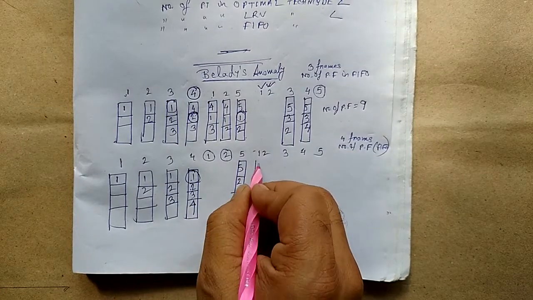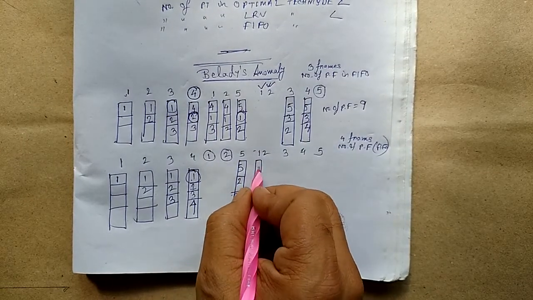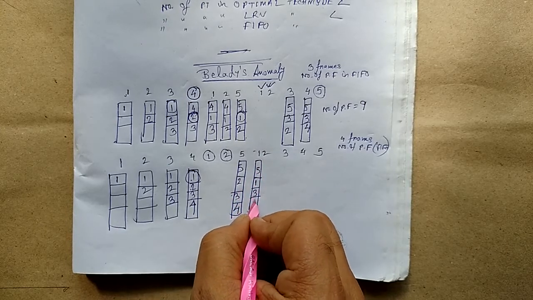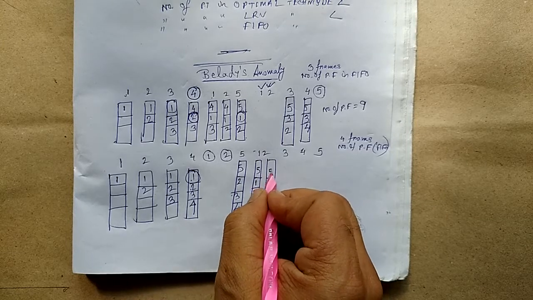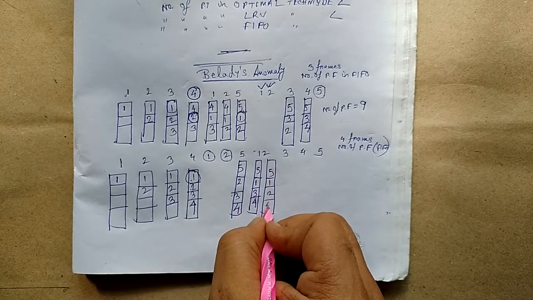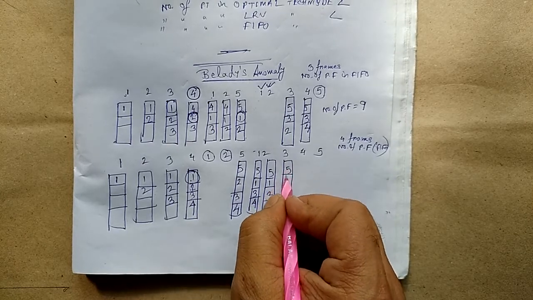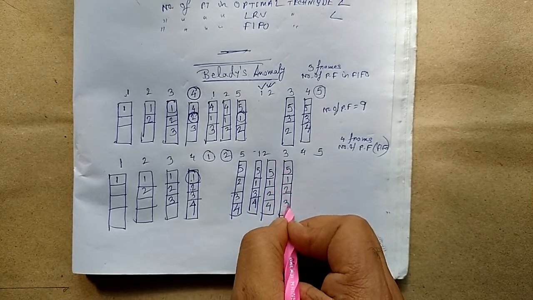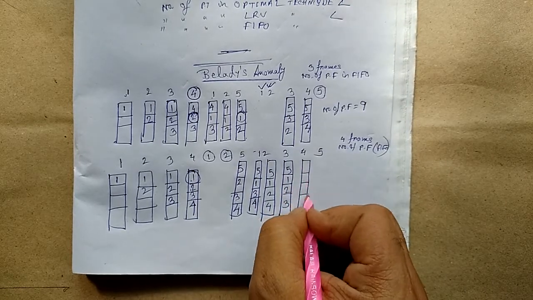Next the new page is 1. 1 is not present here, so it will replace the second position. Next 2 is the new page, so it will replace the third position. Next there is a new page, so it will replace the fourth position. Next there is a new page, so it will replace the first position.